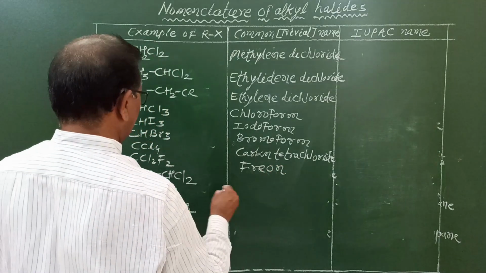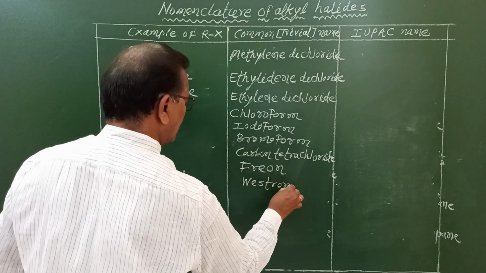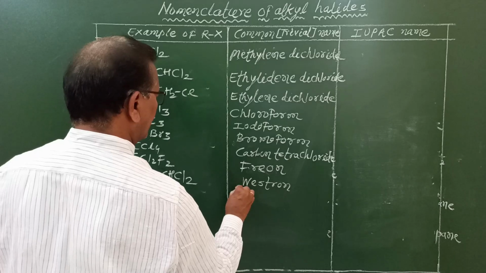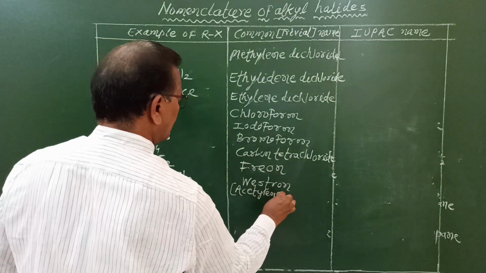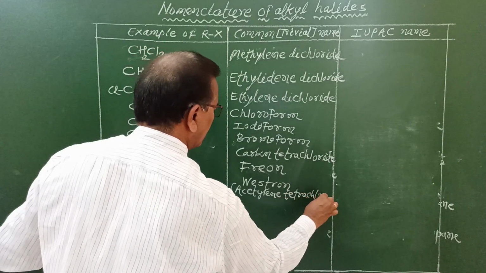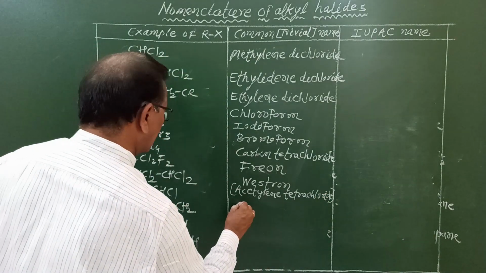Next, Westron, or acetylene tetrachloride. One more common name, acetylene tetrachloride. Next, vinyl chloride.